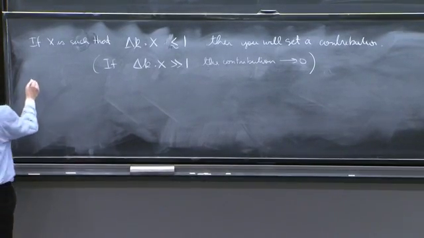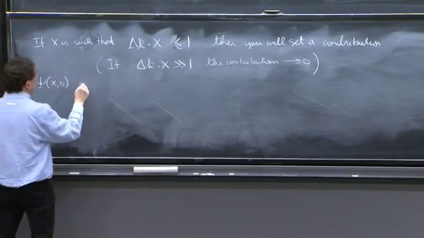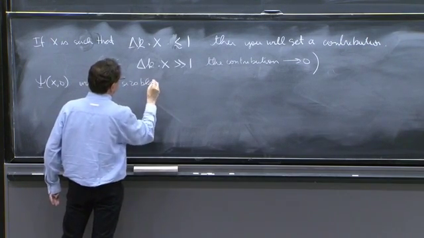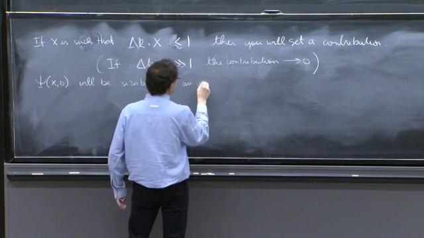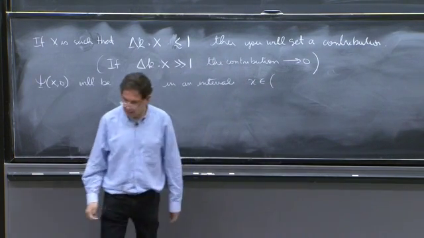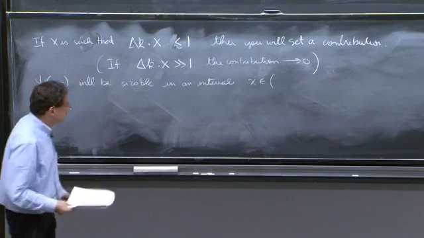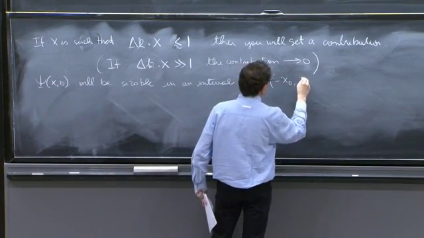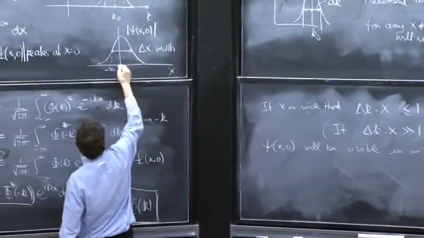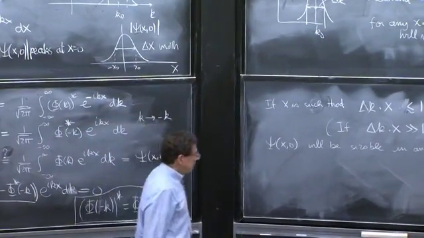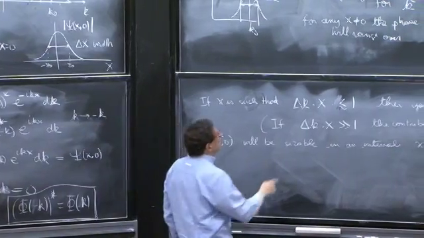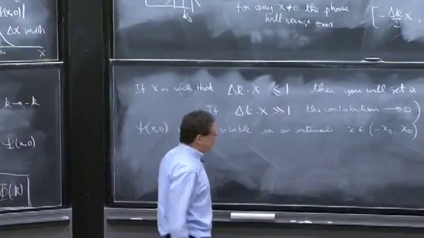So psi of x0 will be sizable in an interval x belonging from minus x0 to x0, so it's some value here, minus x0 to x0, as long as for values up to x0, this product is still about 1.